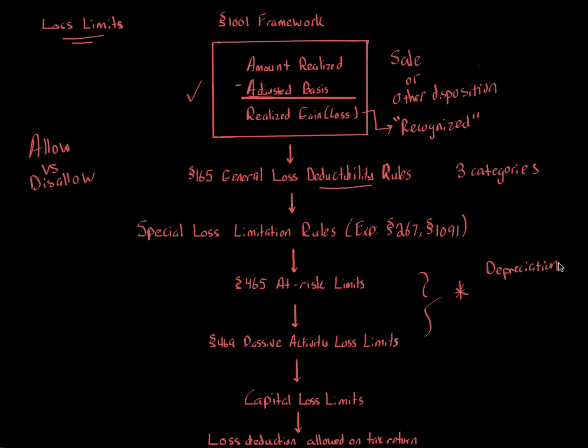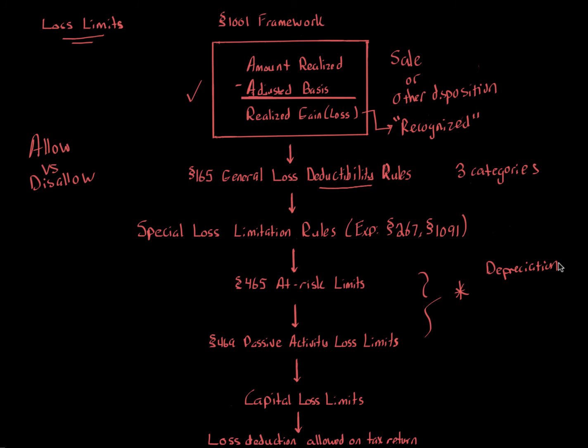The physician that buys into it might be allocated more than some of the other partners or owners of the entity. The at-risk limits come in and say, no, you can only deduct with respect to the amount you're at risk.